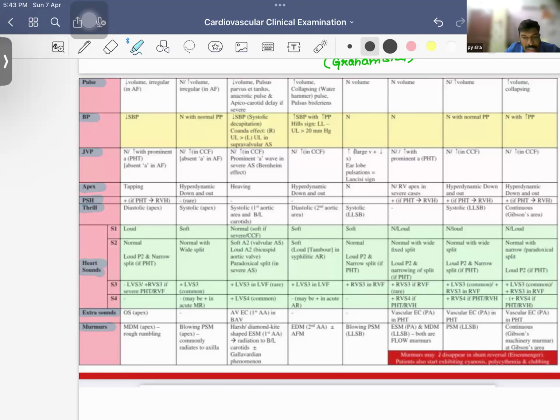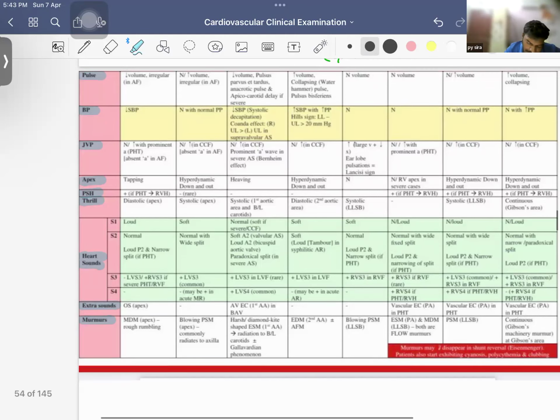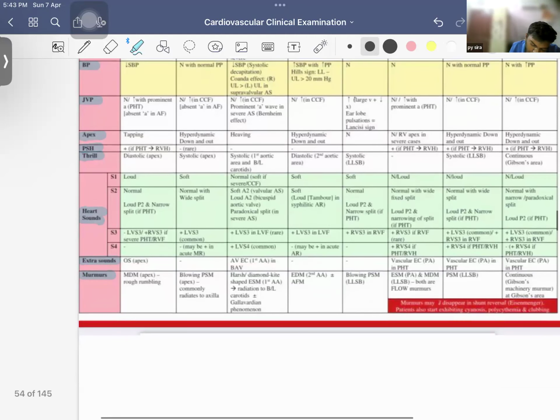Low volume pulse, BP on the lower side. Next, JVP, there is no big change. Then next is the apical impulse, a tapping apical impulse. Because of right ventricular hypertrophy, the patient develops pulmonary hypertension.